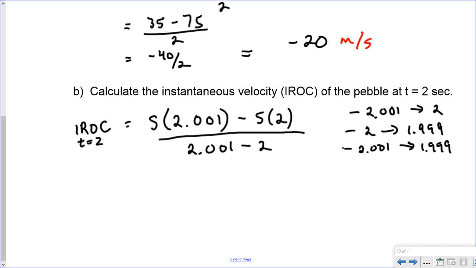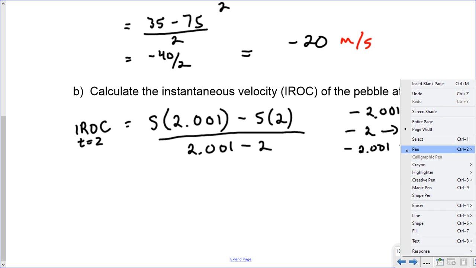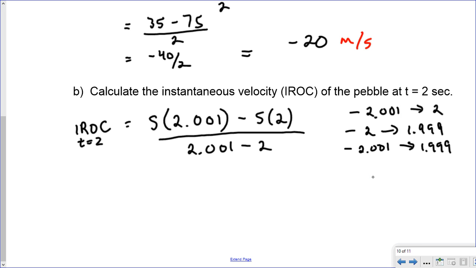Now, if I have to make a decision, I try and make a smart decision in math. I typically don't do the middle one, because there's a reason why I don't choose to do this if given a choice. I have 2 harder calculations to calculate, right? I have to find the value of the function at 2.001 and also find the value of the function at 1.999.